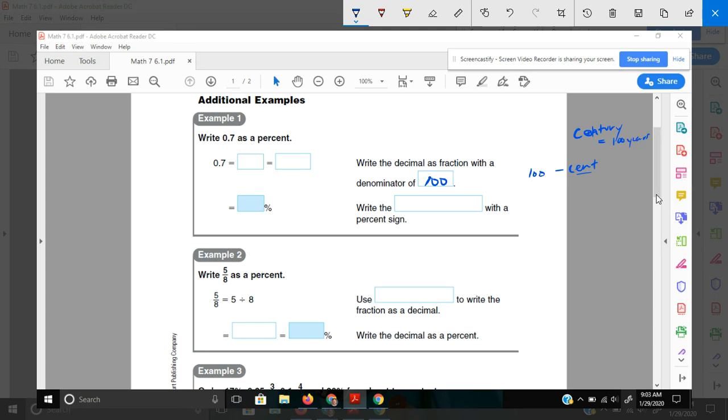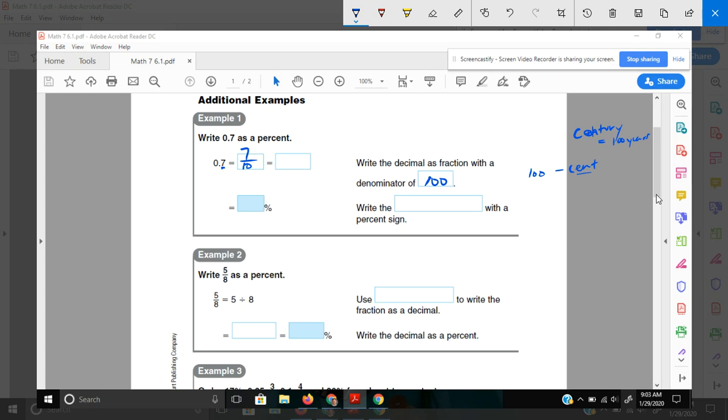All right. So if I'm looking at 0.7, a reminder that one place value after the decimal is the tenths place. So I'll write 10 as my denominator. And how many tenths do I have? I have 7 tenths.